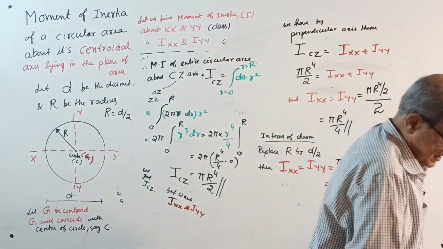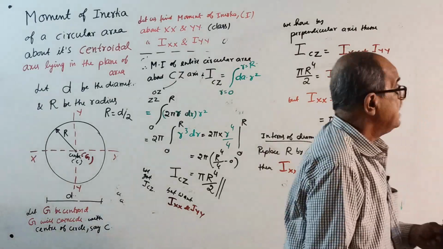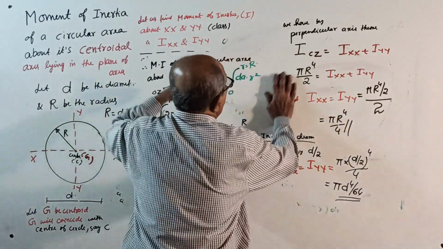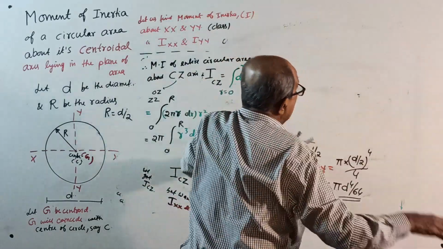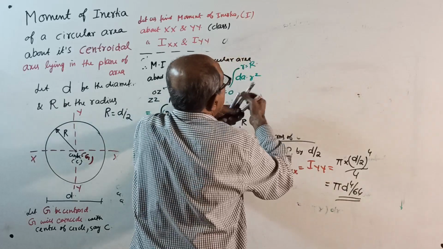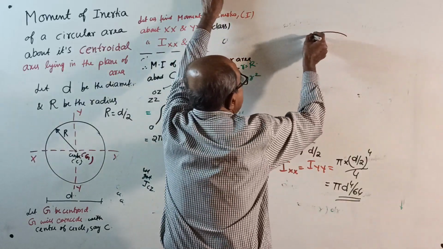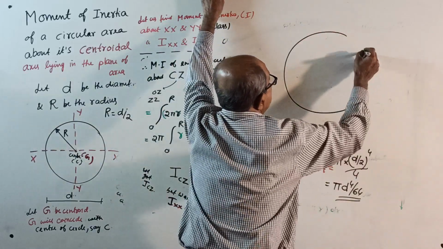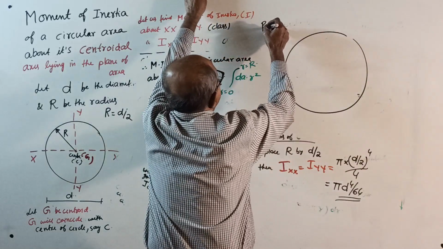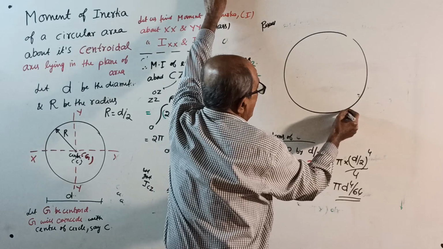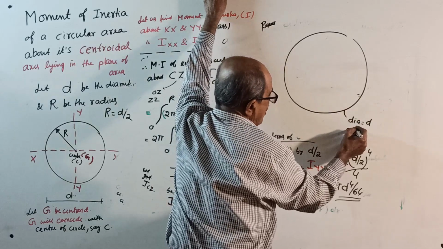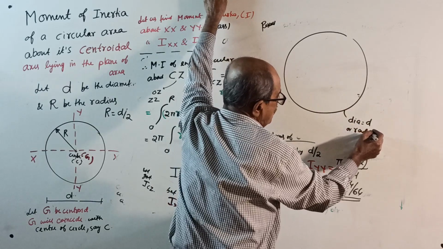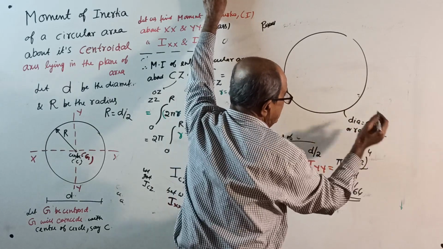Therefore, as per the second option, which of course I solved first, the final answer is this. If there is a circular area, I will write the final result here, of diameter d or radius r, anything you can take.